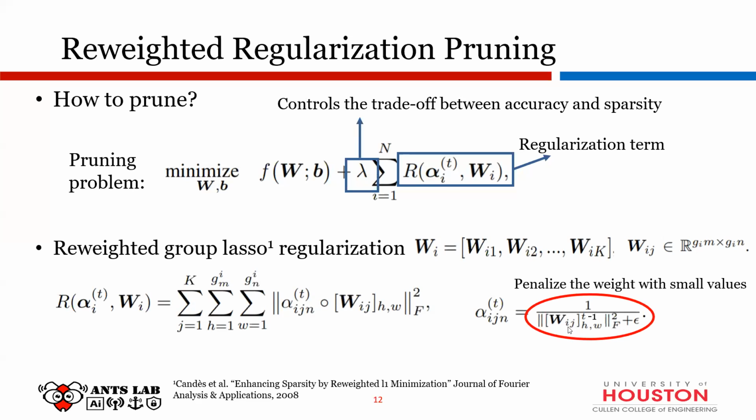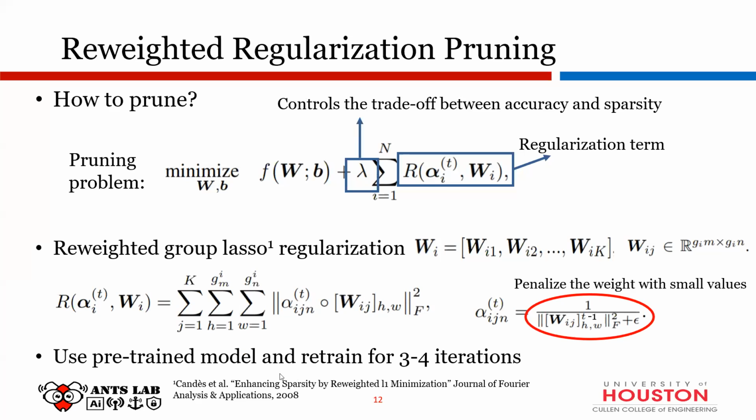So if the value of this weight is very small, the alpha will be pretty large. And to avoid dividing by 0, we add a small number epsilon here. So we can penalize the weights with smaller size to obtain the pruning strategies. This alpha is set the same in each block, and different blocks will have different alpha.